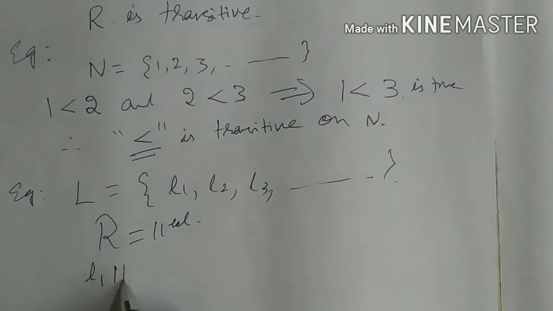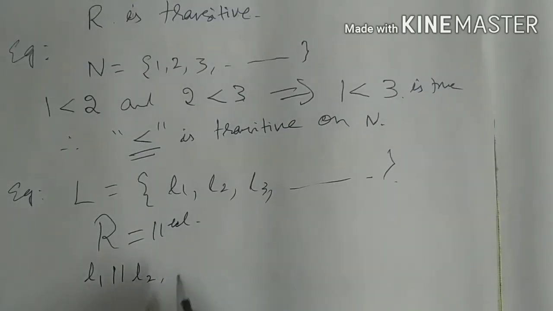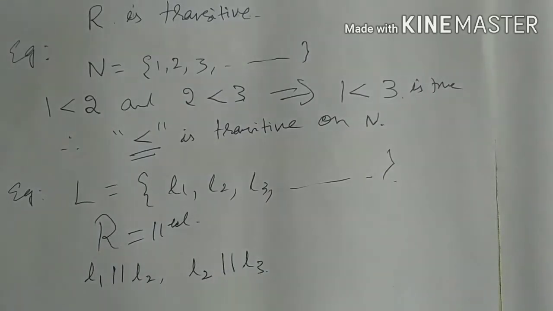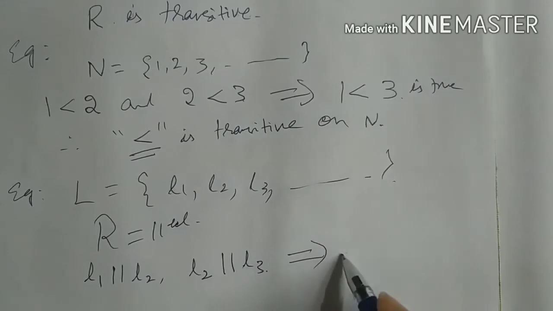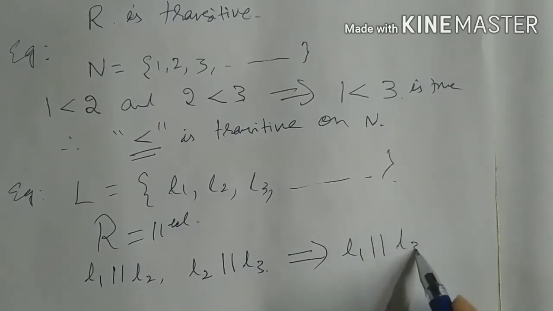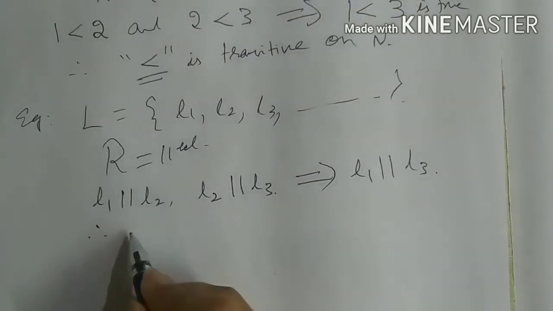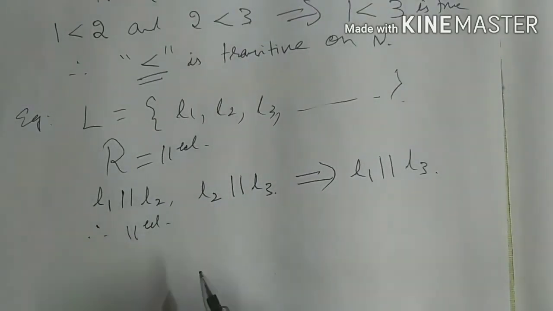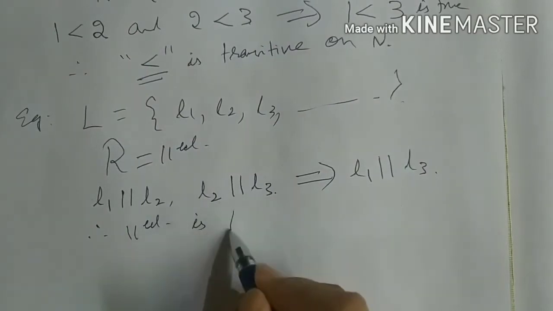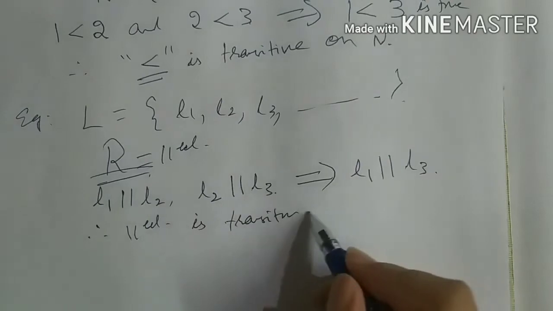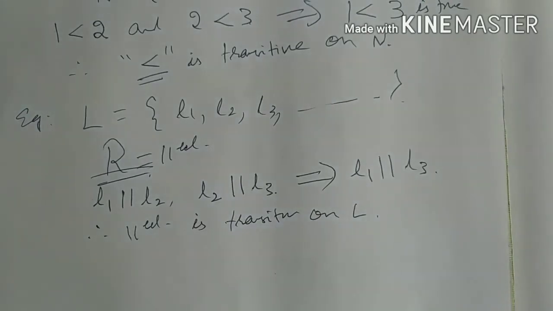Let L1 be parallel to L2 and L2 be parallel to L3. Definitely it implies L1 is parallel to L3. Therefore, the relation parallel is transitive on the set of lines L.